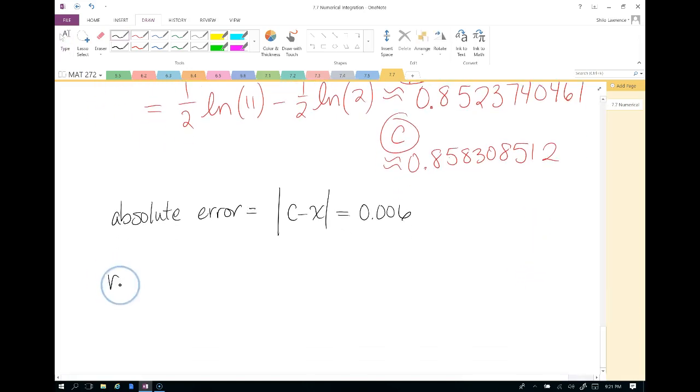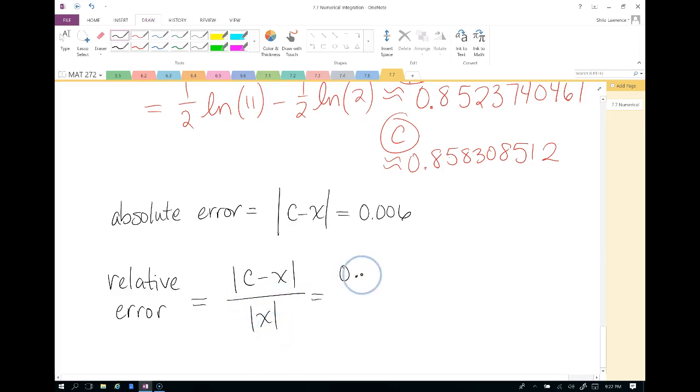And then my relative error, we really have no idea if 6 thousandths is good or bad until we compare that to what the area under that graph was supposed to be. So relative error is your absolute error divided by what the area was supposed to be.